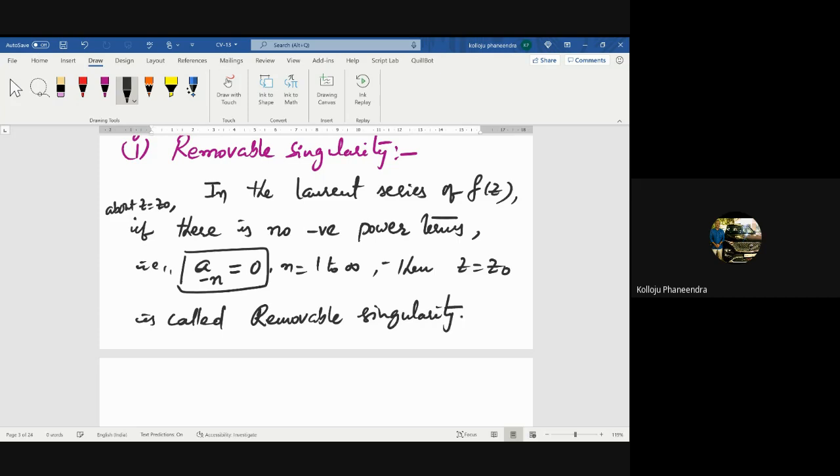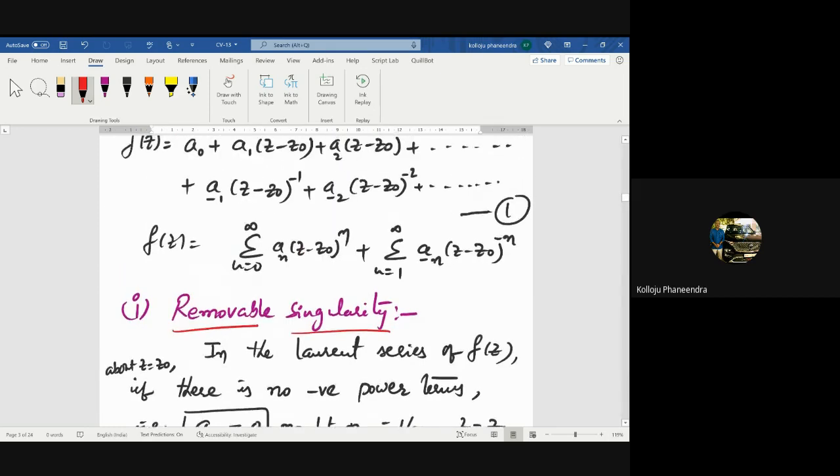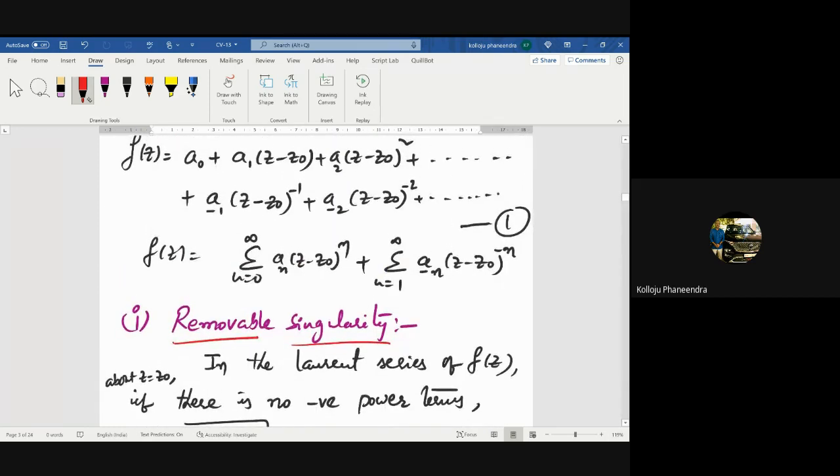See, in the word itself it is there. Removable singularity. What is the meaning? The singularity is removed. See, this term becomes summation a minus n into 1 by z minus z naught whole power n. Correct? What is the singular point here? z equal to z naught.